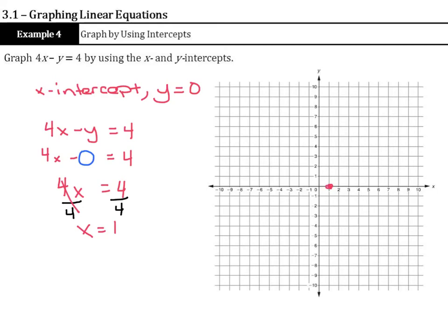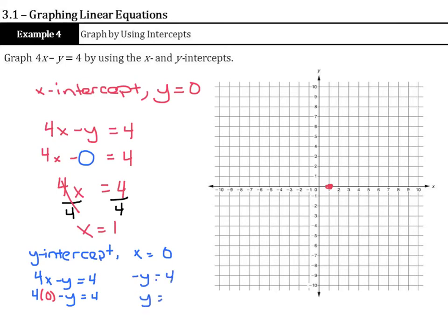Now, for the y-intercept, let's make our x equal 0. So when we have 4x minus y equals 4, and we let our x equal 0, this will simplify into 4 times 0 being 0, so negative y equals 4, or y equals negative 4.